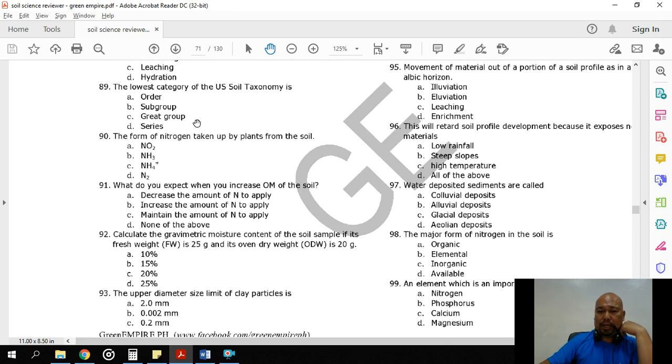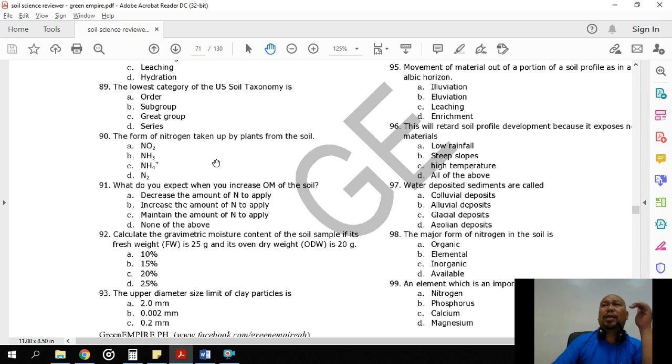89, the lowest category of the US soil taxonomy, the lowest degree of classification. It's actually soil series. Okay? Order, subgroup, great group.